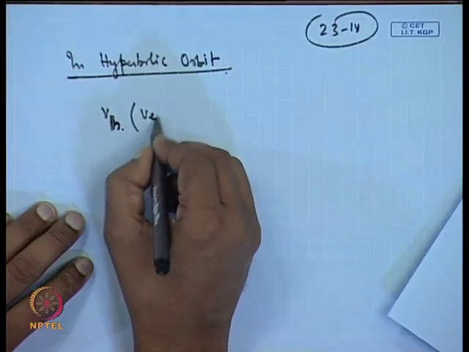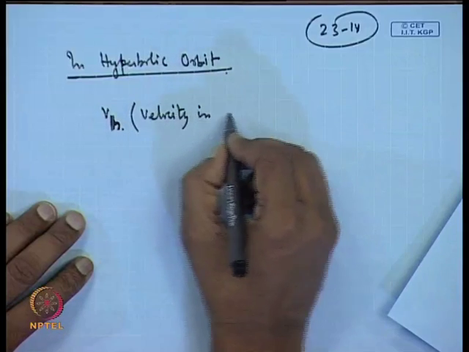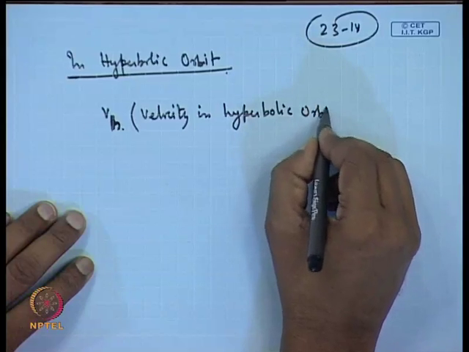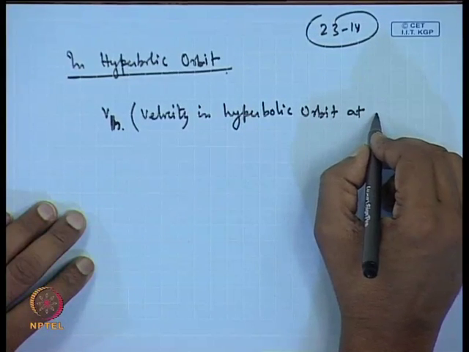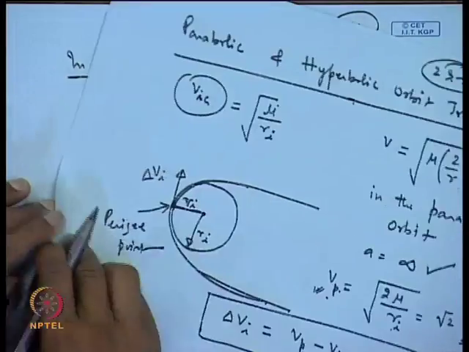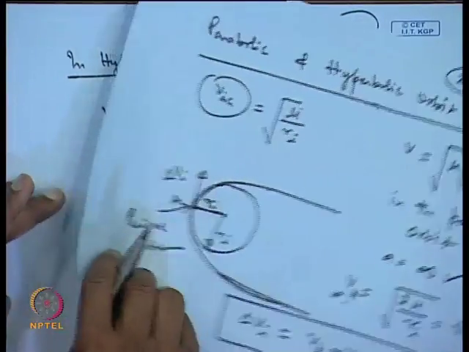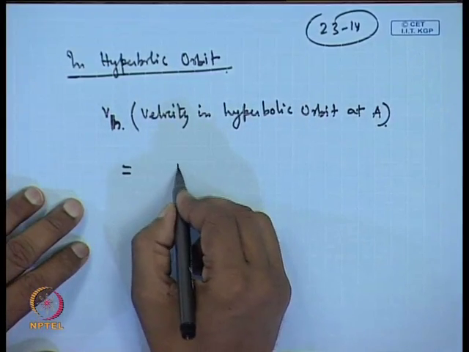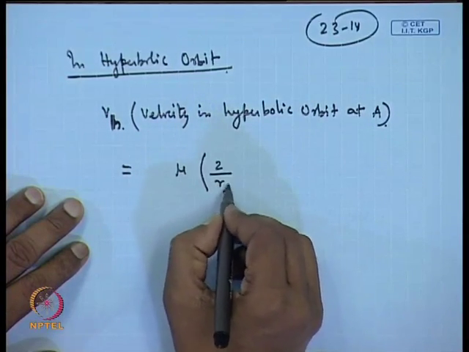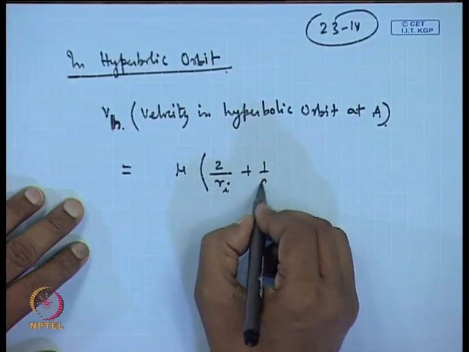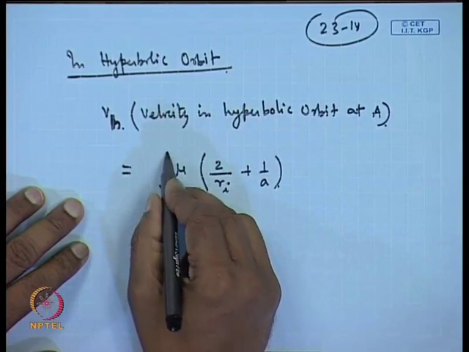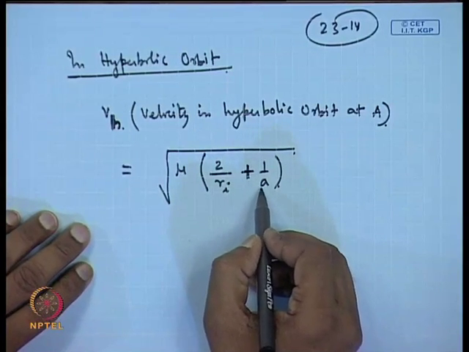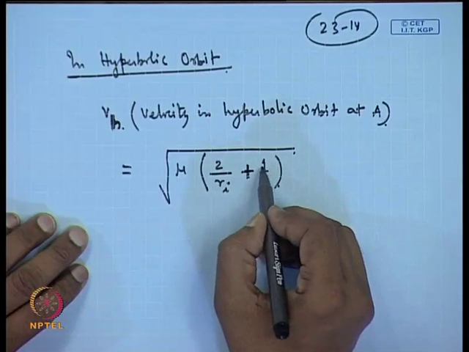This is the velocity in the hyperbolic orbit at the initial point A. Okay, this is the initial point, let us say A, and this will be equal to square root of mu times (2 by r_I plus 1 by a). Okay, this we have discussed already, that this minus sign will change to plus sign for the hyperbolic orbit.